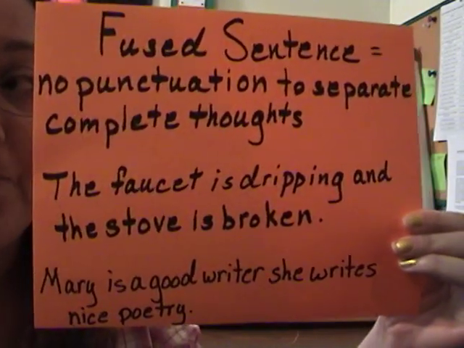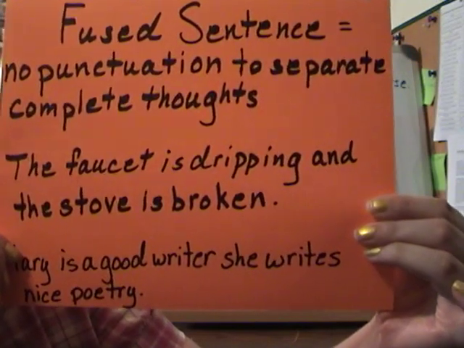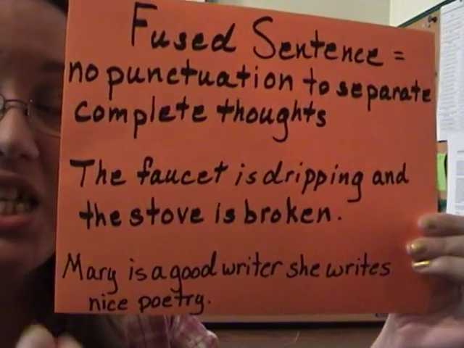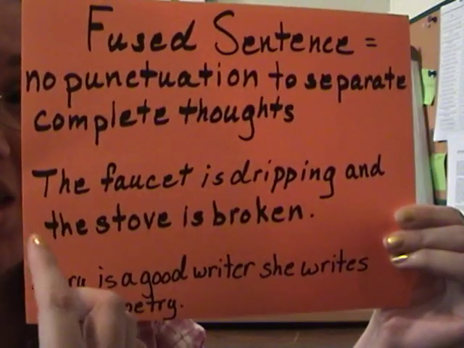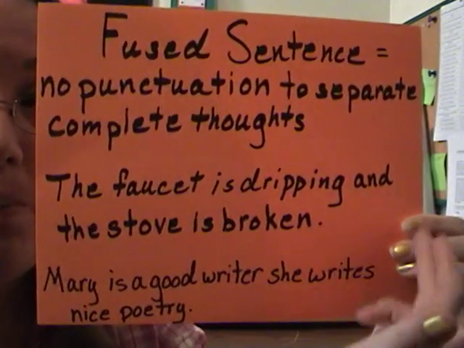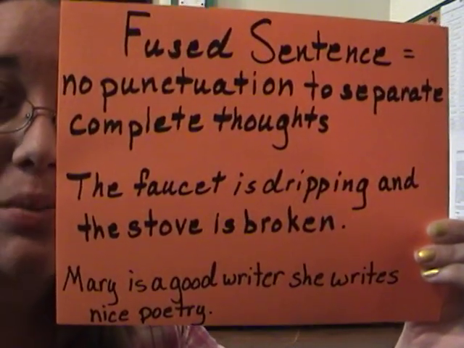For example, this sentence here, in which the faucet is dripping and the stove is broken, is two complete thoughts. The faucet is dripping, that's one sentence. The stove is broken, that's another complete sentence, but there is no punctuation anywhere to separate those two complete thoughts.